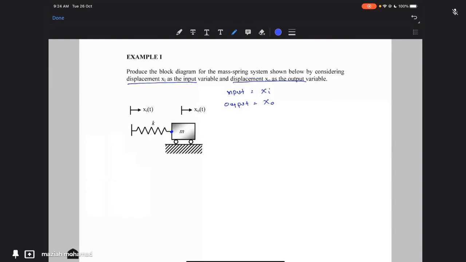Next, the second step is to do a free body diagram. We need to analyze the forces on the body, so we do a free body diagram on the mass here.